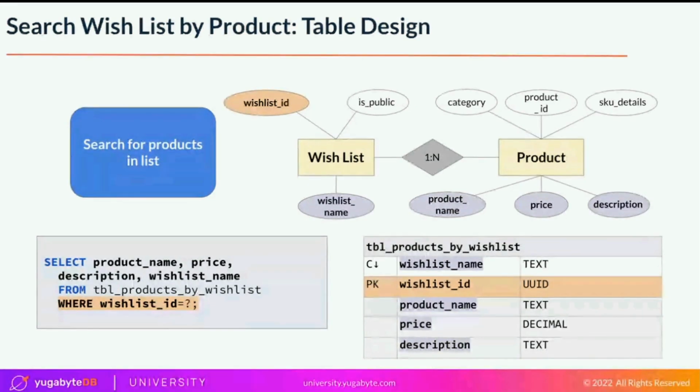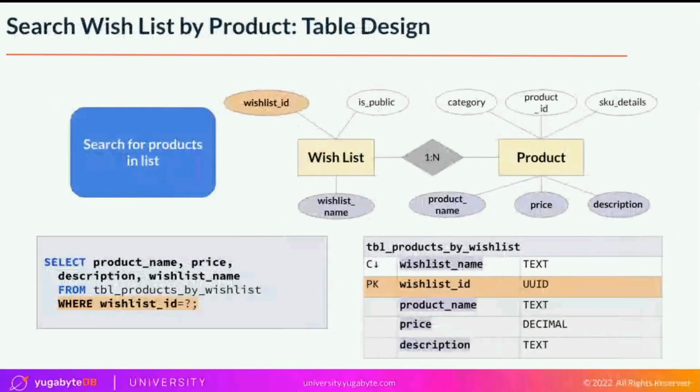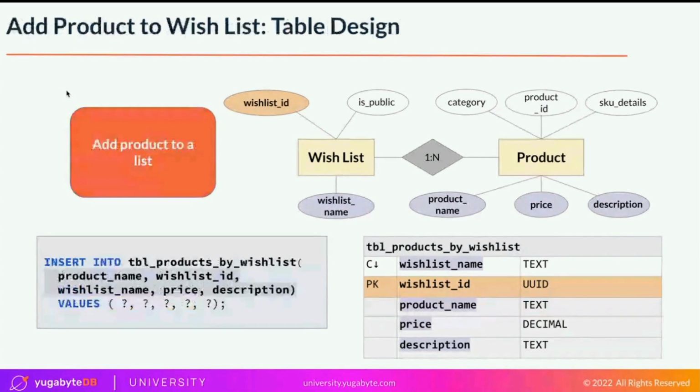In this case, you would look at the product catalog in order to add products to your wish list, just to give you a little bit of context, okay? In the result set, the query must contain the product name, price, description, as well as the name of the wish list. So in the next slide, we're going to talk about adding a product to a wish list from the product catalog, okay?